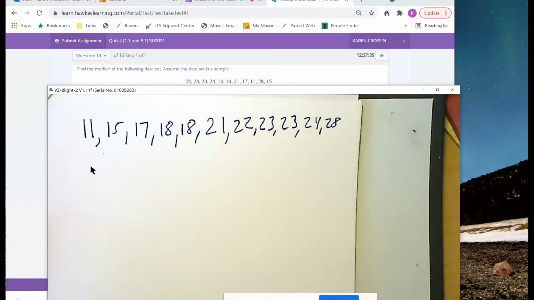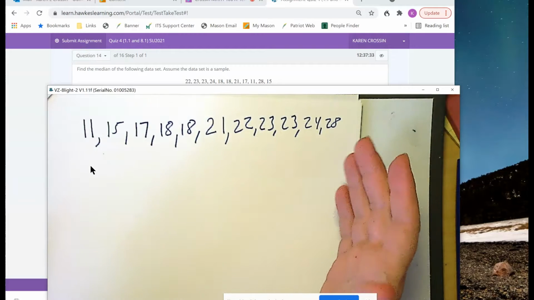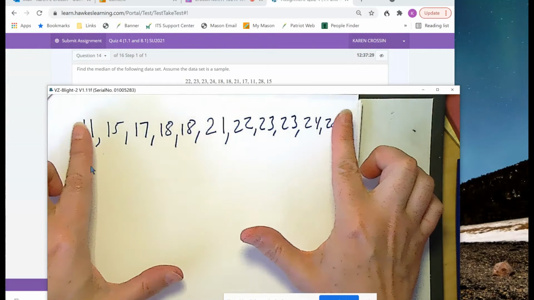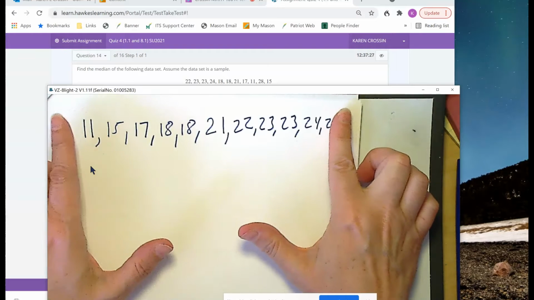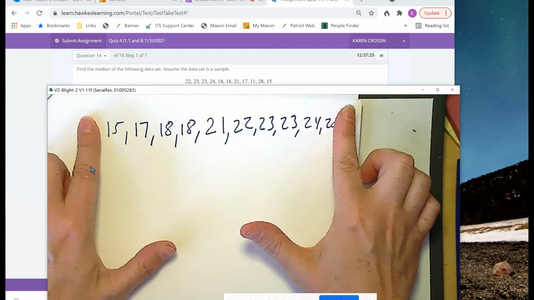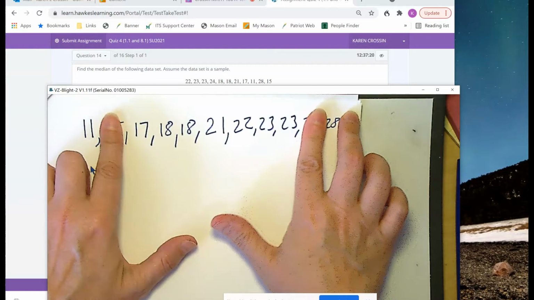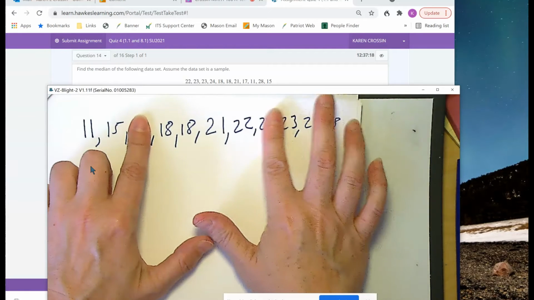Awesome. So the median is the middle number, and to get to the middle number, you get rid of the smallest and biggest, then go in one more, next biggest, next smallest, one more.